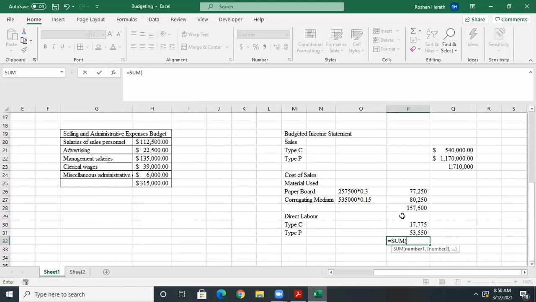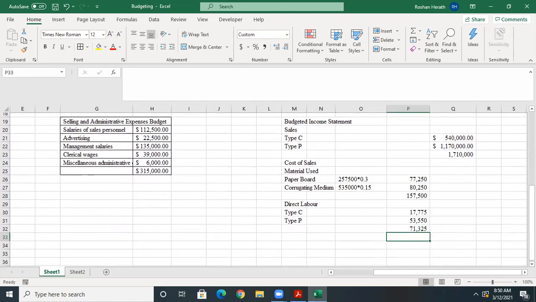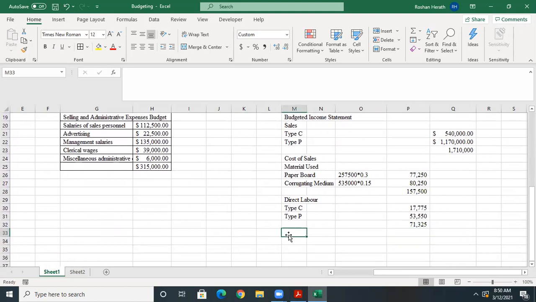That's the direct labor. So the one thing that is left is the manufacturing overhead. When you come to the manufacturing overhead, you basically absorb the manufacturing overhead.